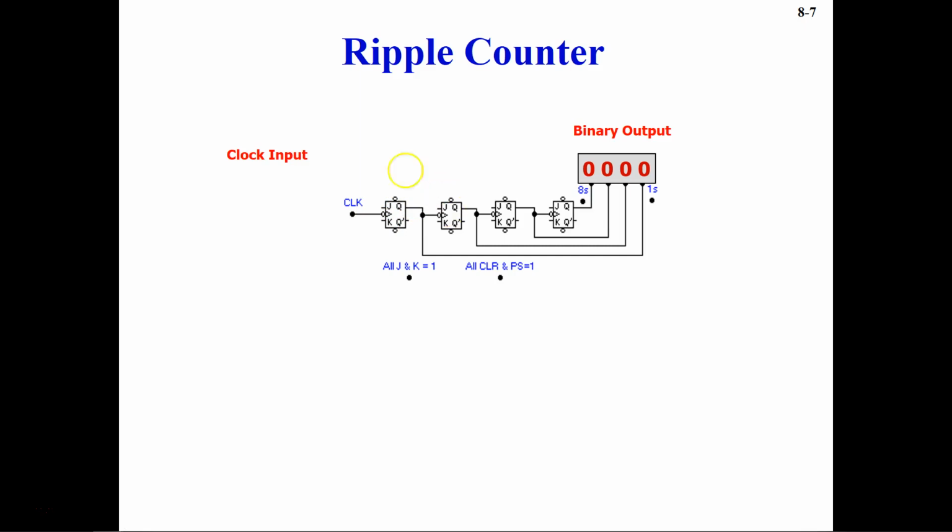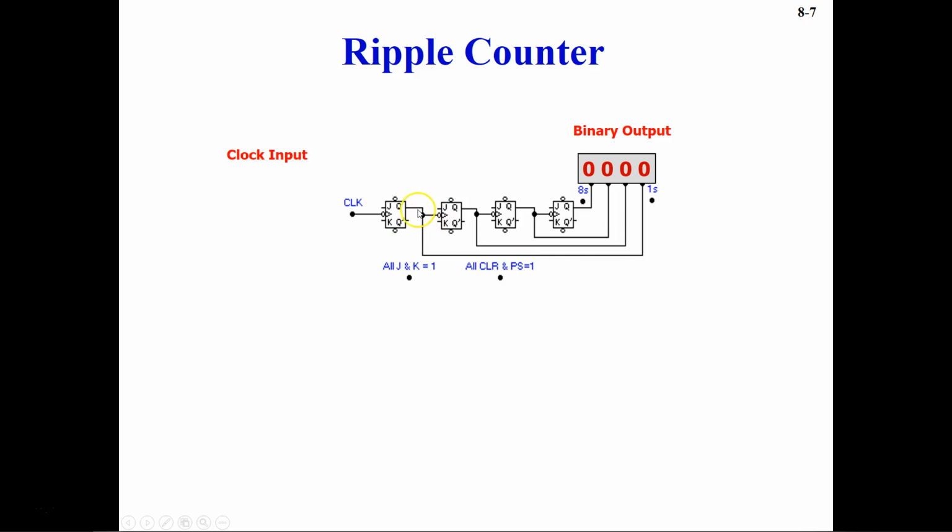It will toggle from 0 to 1. So remember that we use J and K in toggle state in the case of a counter, and then your preset and clear are both tied to logic 1.